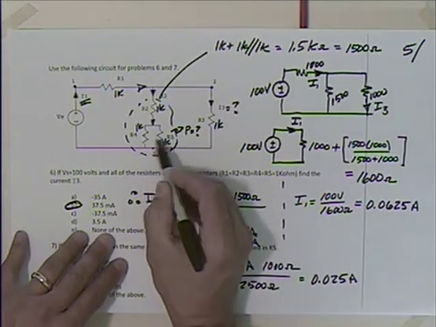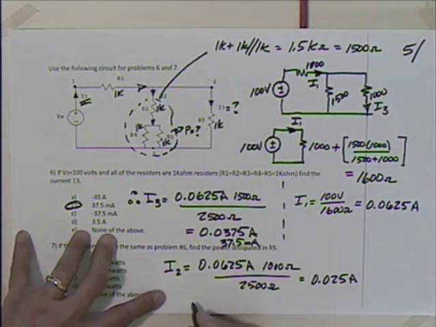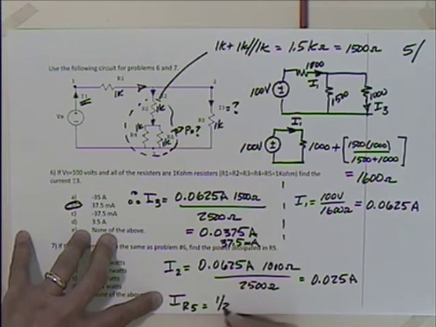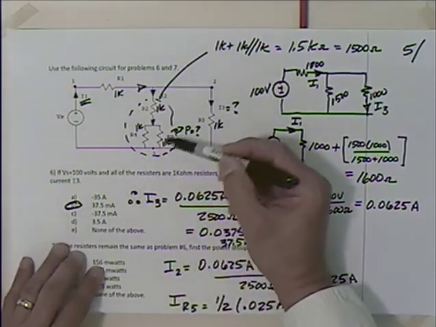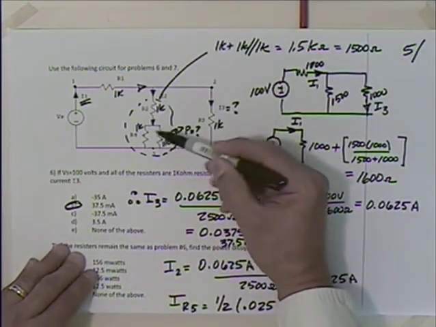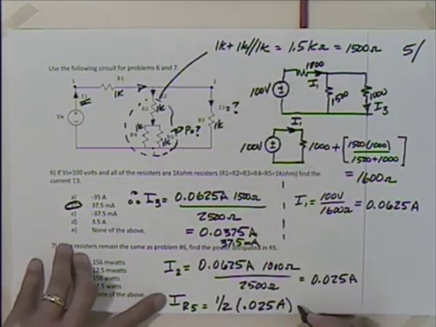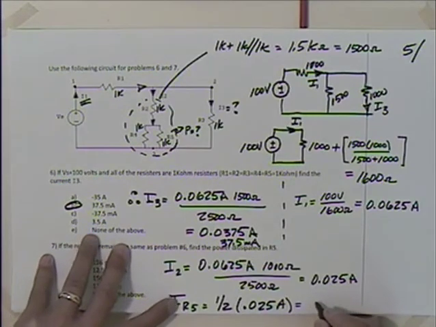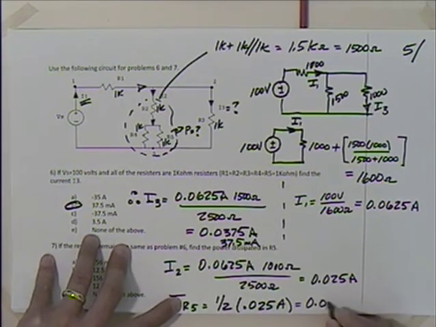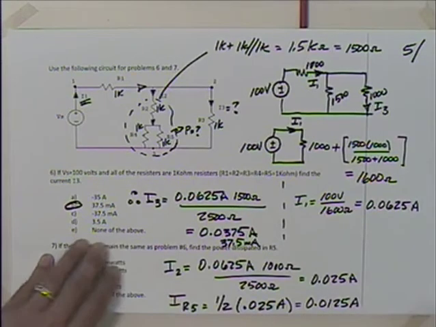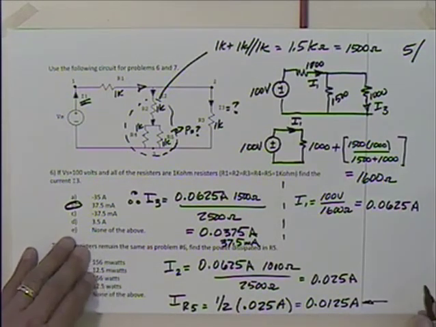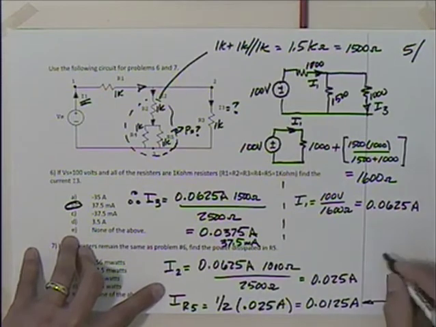Now, if this resistance is the same as that, it's an even split. So the I through R5 would be just a half, an even split of 0.025 amps. If you go through strict current division, you multiply by this and divide by the sum of the two, so it's essentially multiplying by 1/2. So you're going to come up with 0.0125 amps.